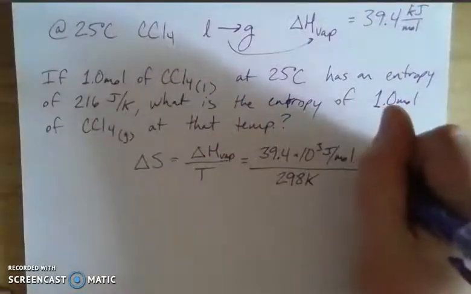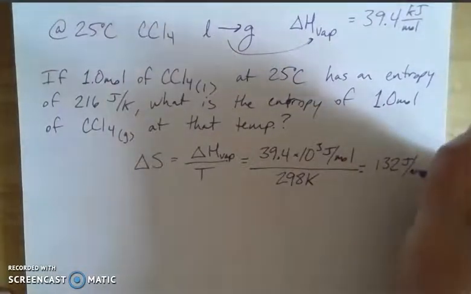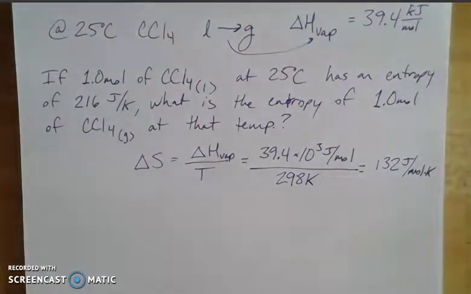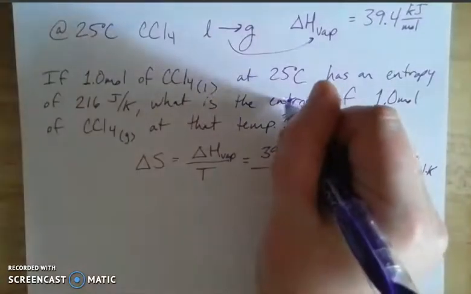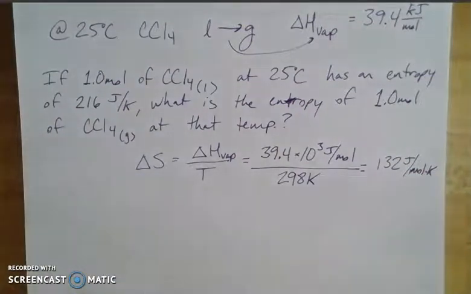So that gives me a delta S of 132 joules per mole Kelvin. Wow, my handwriting is atrocious. So our change in the entropy is 132 joules per mole Kelvin.